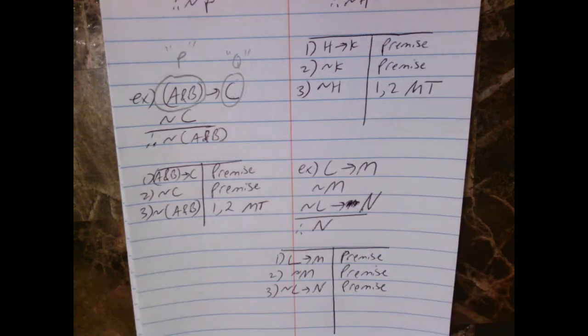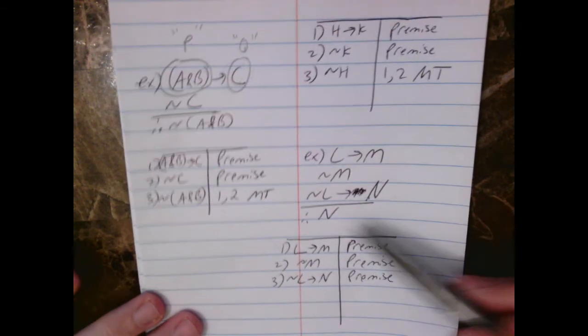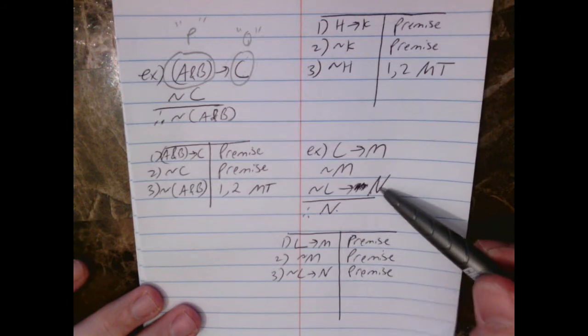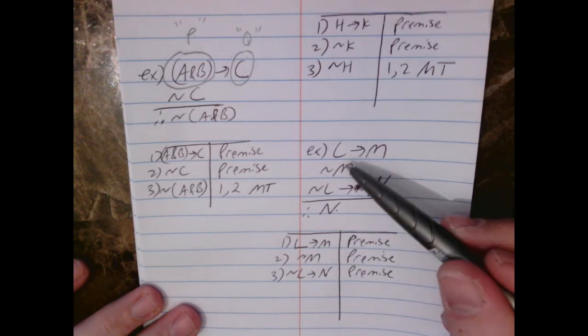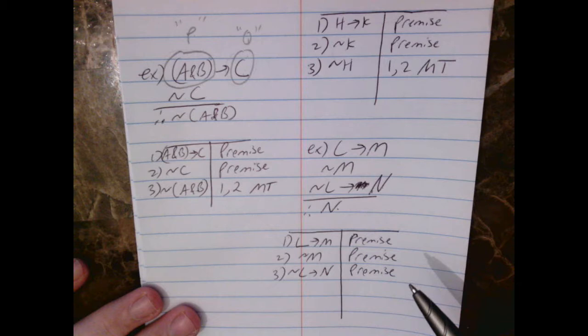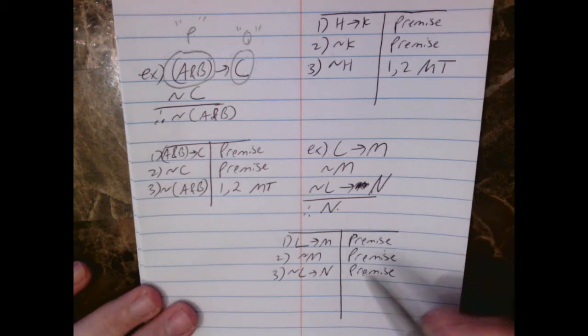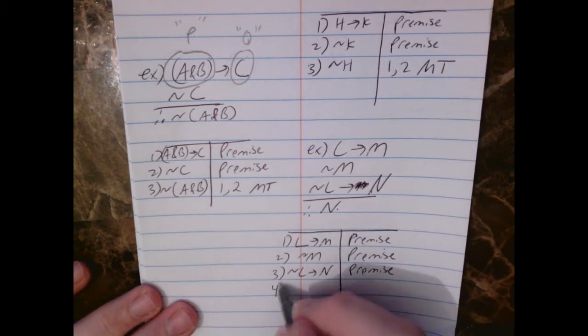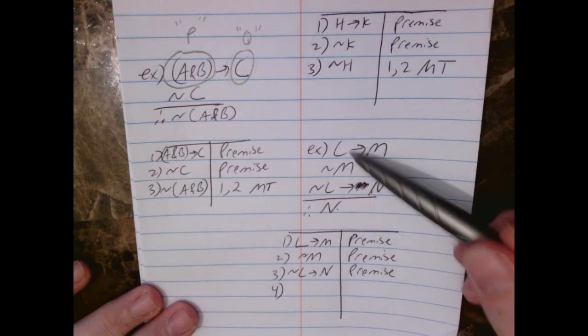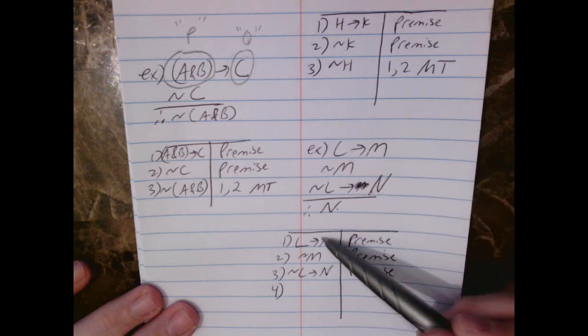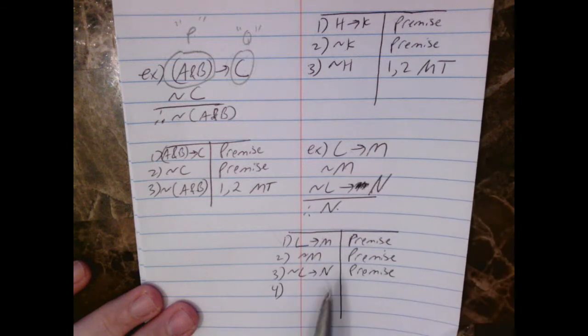All right, now this time we can't go straight to the N because I don't have a rule that would allow me to get N with what we currently have. So we have to look at what we currently have and say, all right, is there anything new I can get from what we've already got? So hopefully you noticed in premises 1 and 2, we have a nice setup for modus tollens.